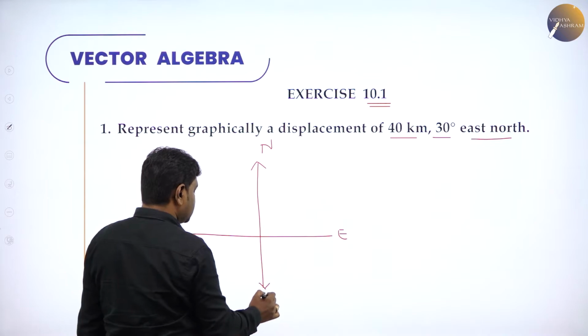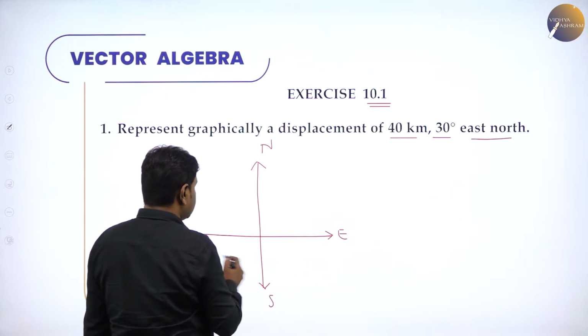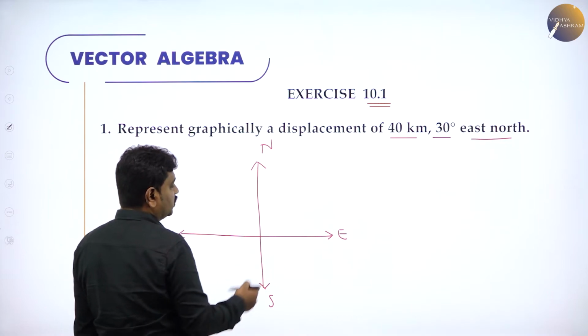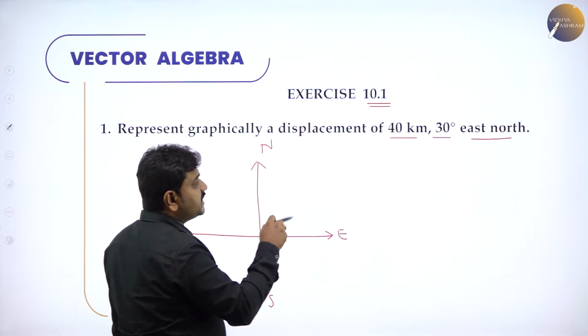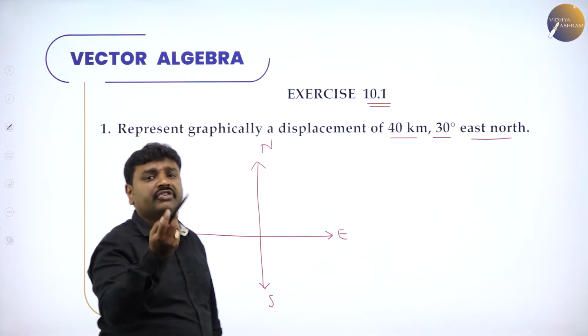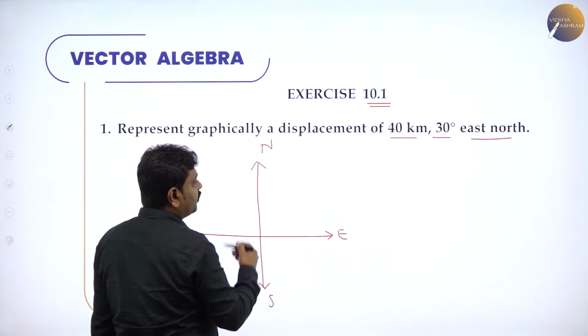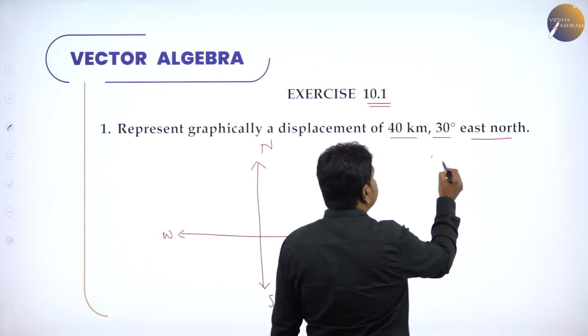These are the directions we plot. They want 30 degrees east of north. Of north means from north, 30 degrees.